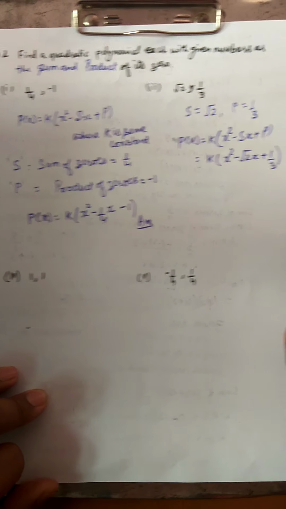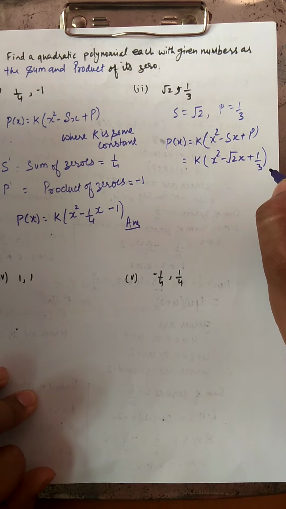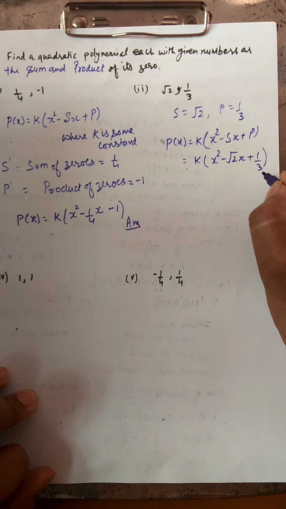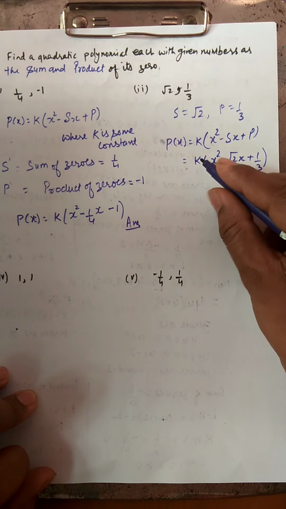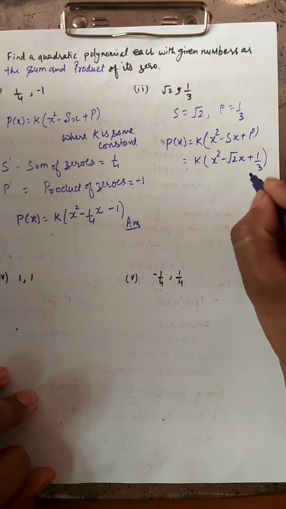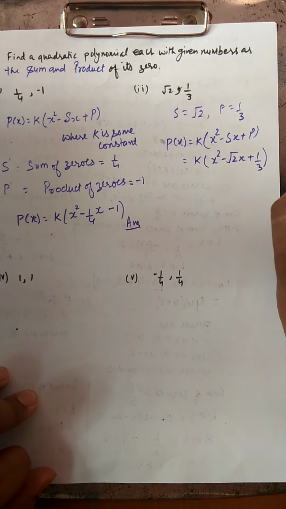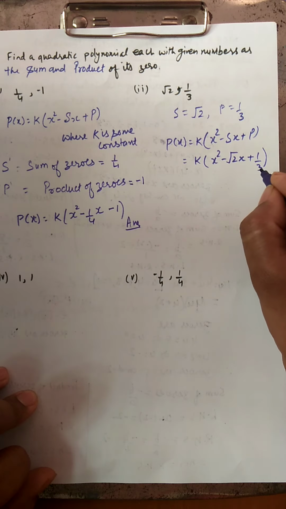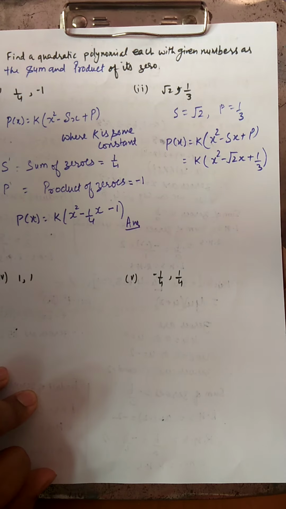If you want to simplify this, it's okay, otherwise you can leave it up to this only. In simplification you can take LCM common, and then this 3 will come out, it will be k by 3 (3x² − 3√2 x + 1). So it is okay if you leave this polynomial in this form only.